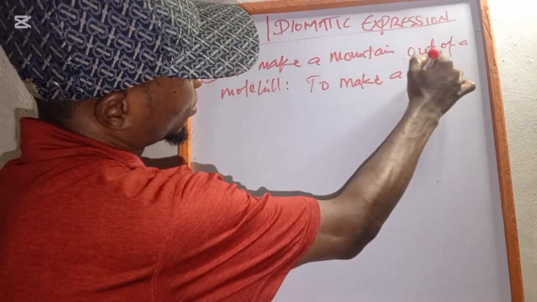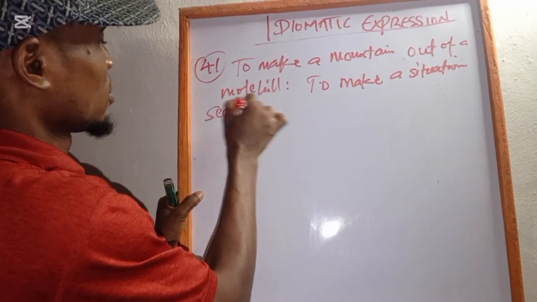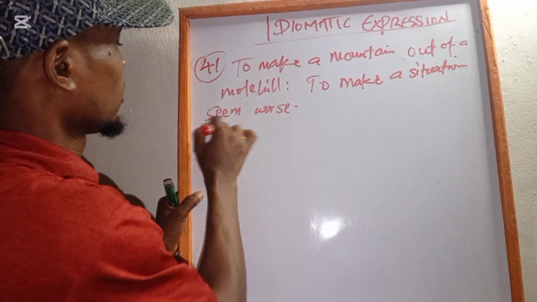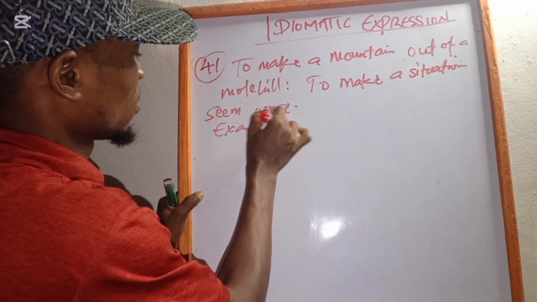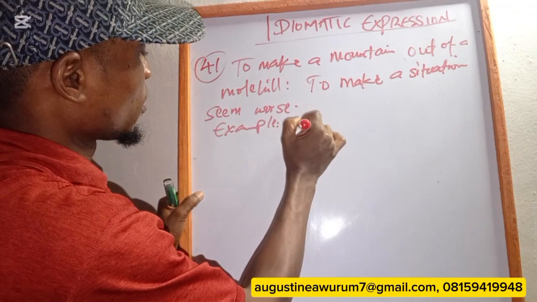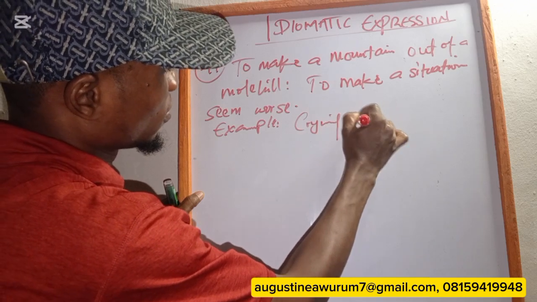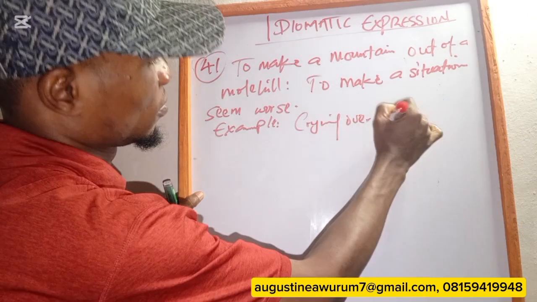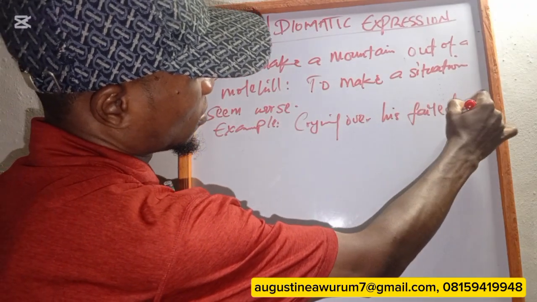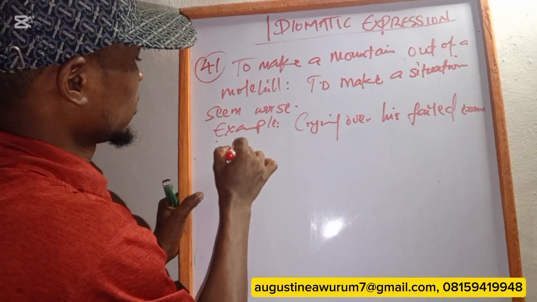To make a situation seem worse. Example: crying over his failed exam is like what?